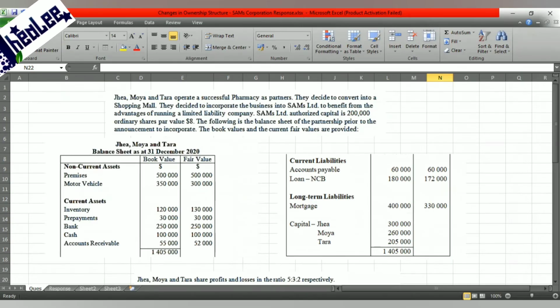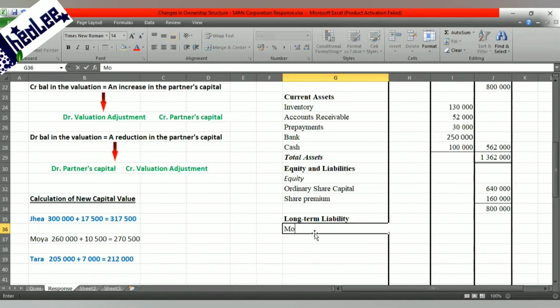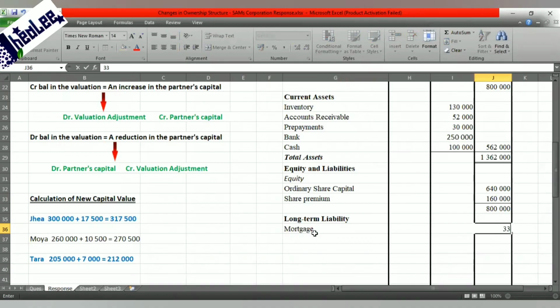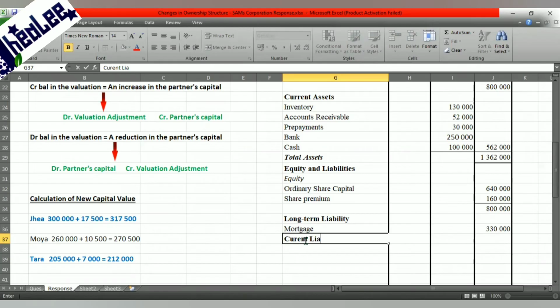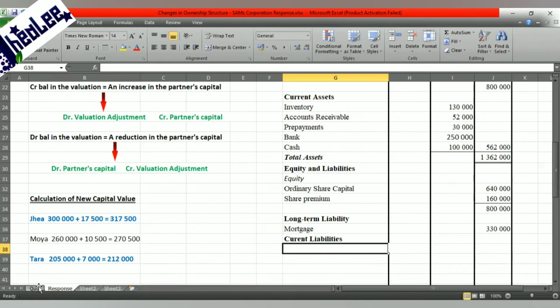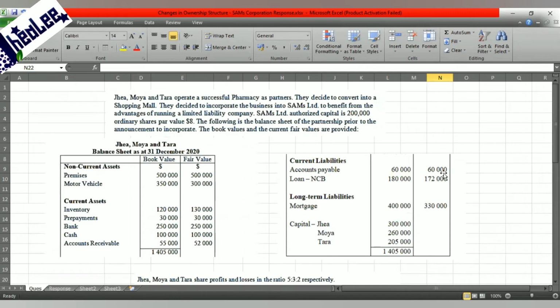So let's put in that item, mortgage, 330,000. Next, we're going to put in our current liabilities. And there were two. So in the question, we have accounts payable, 60,000. Let's put in that.